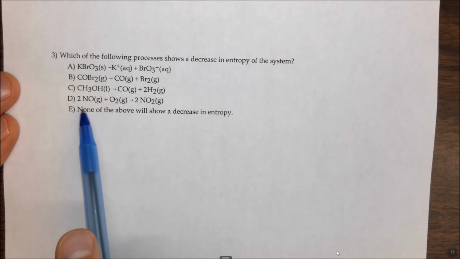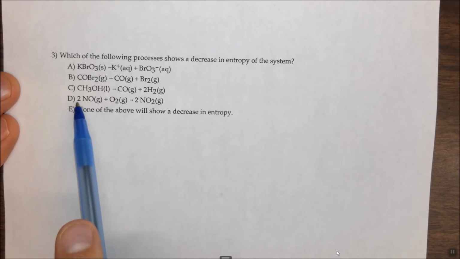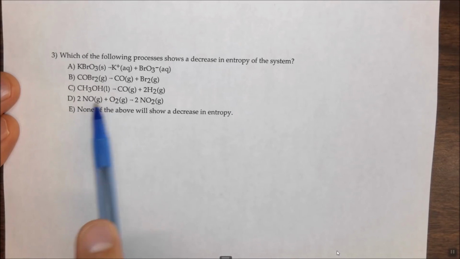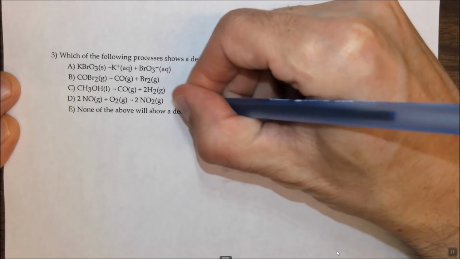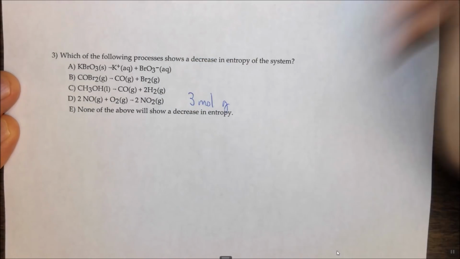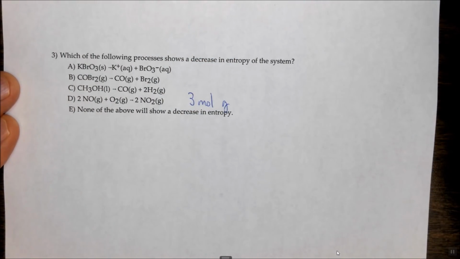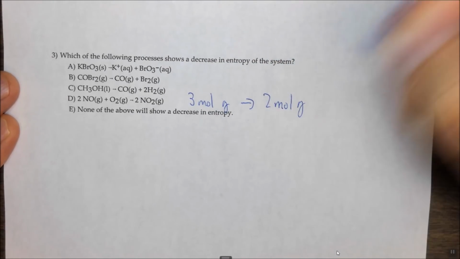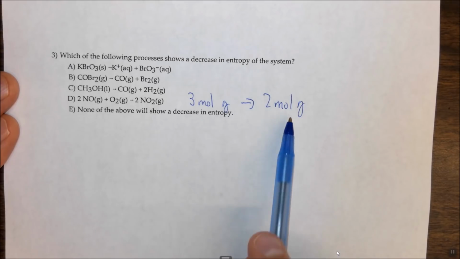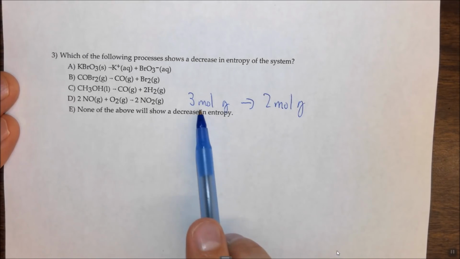How about D? In D, we have 2 plus 1, and they're both gases, 3 moles of gas. So we have 3 moles of gas on the reactant side, and on the product side, we have 2 moles of gas. 2 moles of gas will be less random than 3 moles of gas.